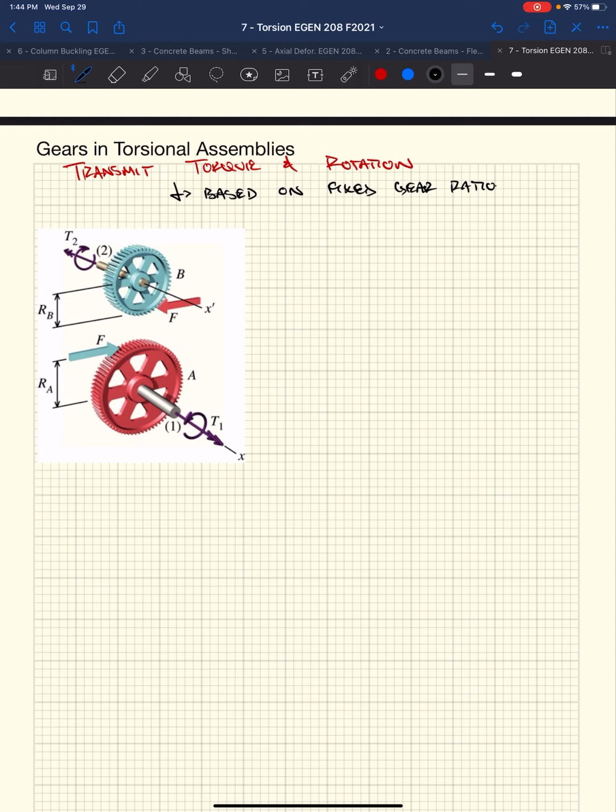So if we look at torque transmission in a system in equilibrium.